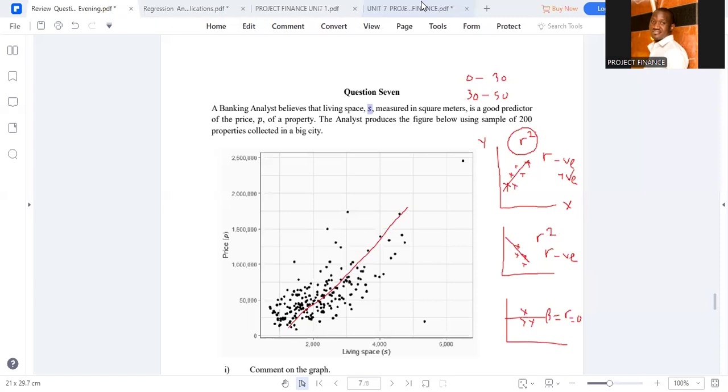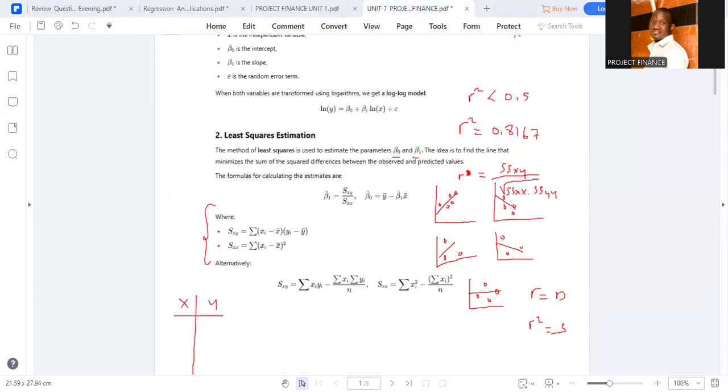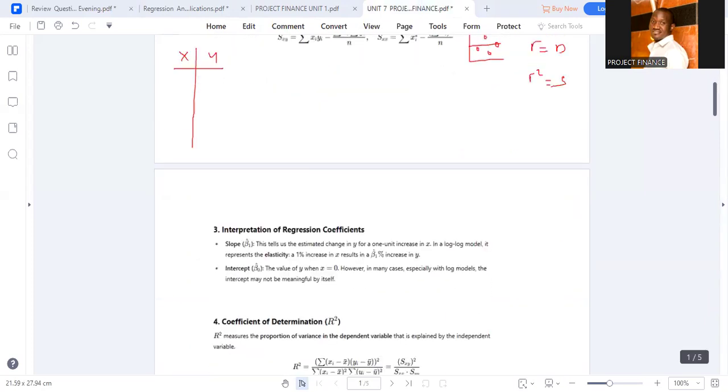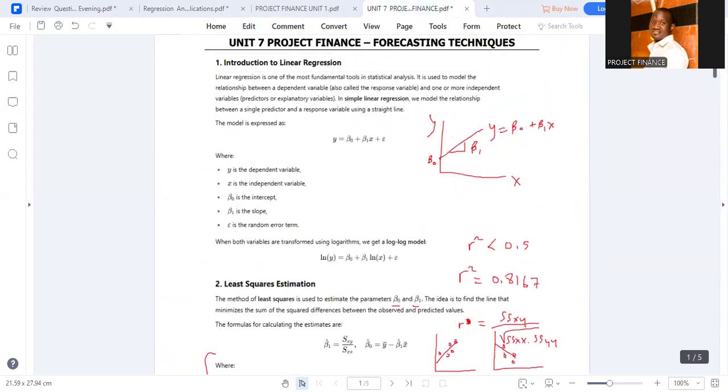In my module notes, I told you how to convert to a logarithmic function: you just introduce the logs there. So our regression equation, which was y is equal to b0 plus b1 x, when you introduce natural logs to each of them, we're going to have ln y equals b0 plus b1 ln x.